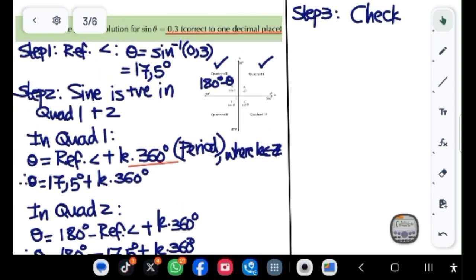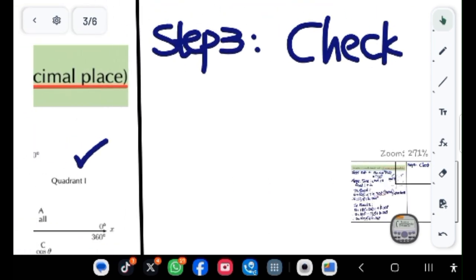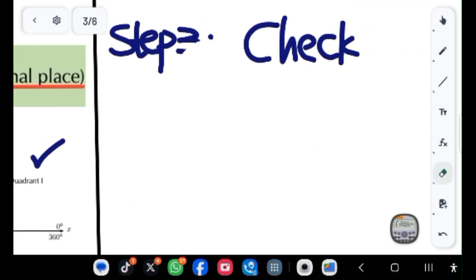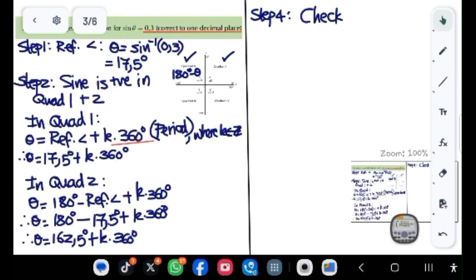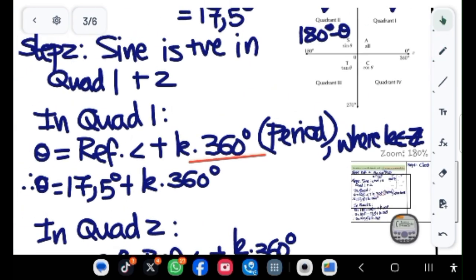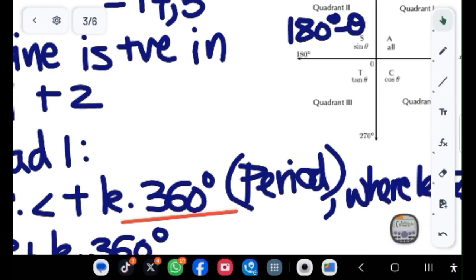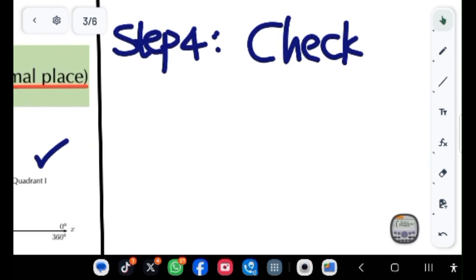Step number 3 is to use the CAST diagram, which we've already done. Step number 4 is check. Okay, let's not waste time.